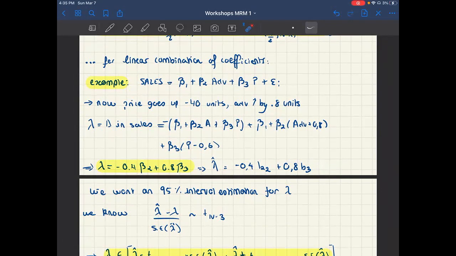Let's say, for example, price goes down by 0.4 units, and advertising goes up by 0.8 units.